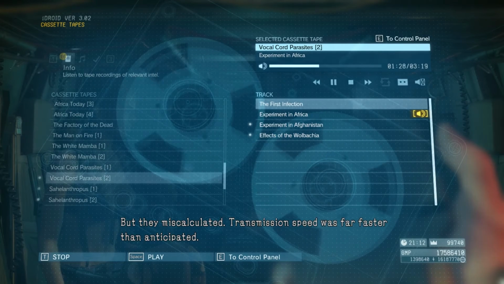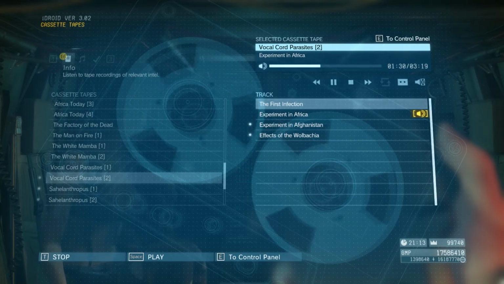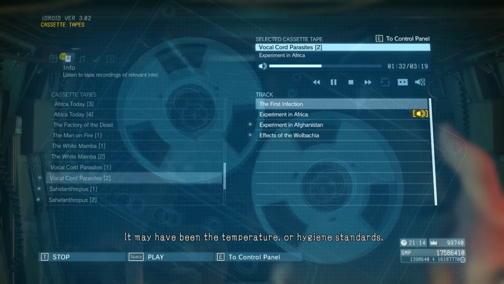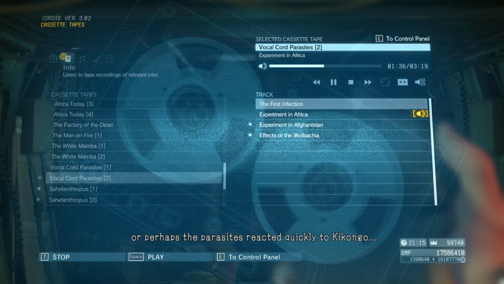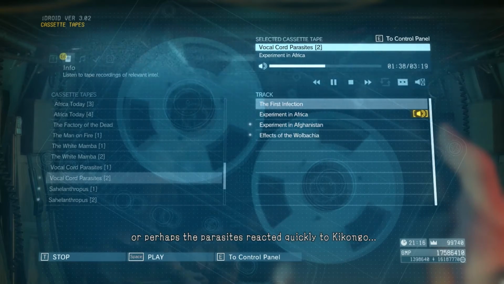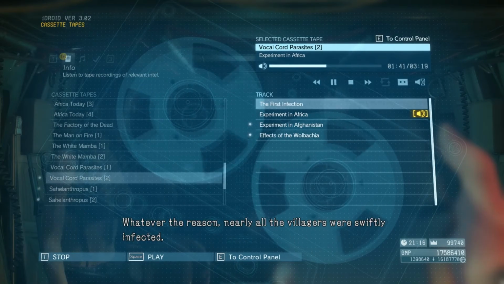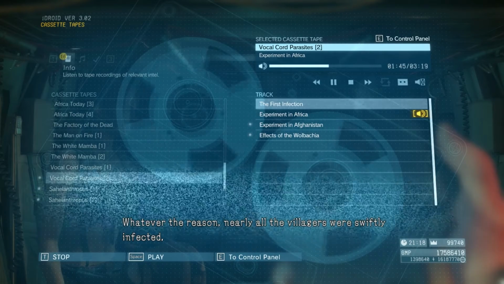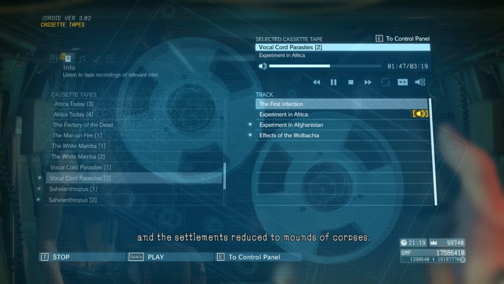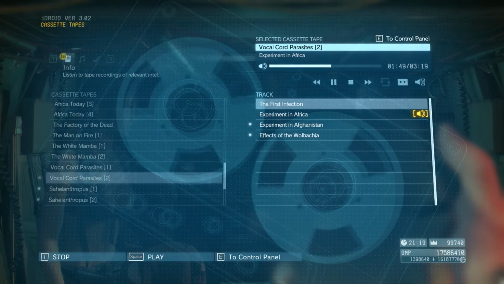Transmission speed was far faster than anticipated. It may have been the temperature, or hygiene standards, or perhaps the parasites reacted quickly to Kikongo. Whatever the reason, nearly all villagers were swiftly infected, and the settlements reduced to mounds of corpses.